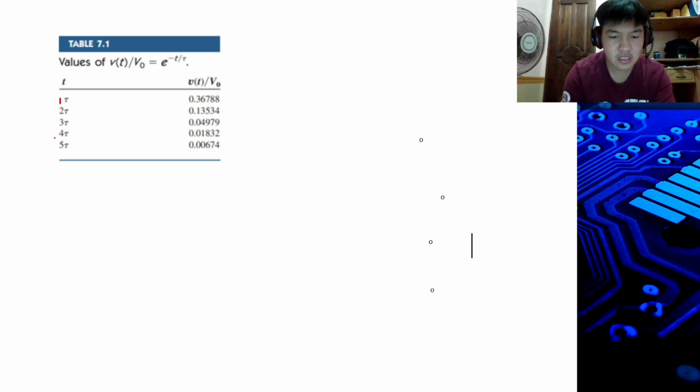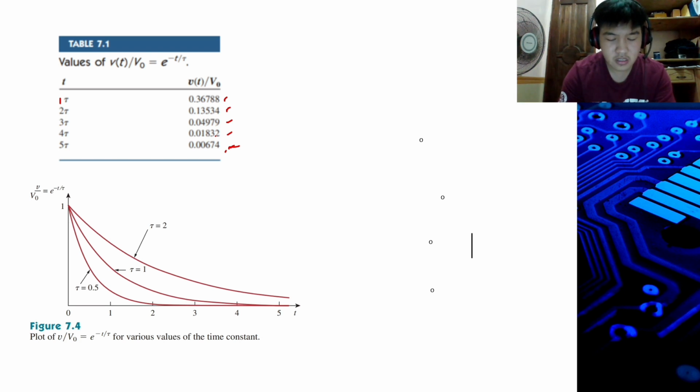And as you notice, as the time constant tau gets higher, the value of V of t over V naught gradually becomes smaller. At 5 tau it is very small, and we say that if we reach that stage, the circuit has reached steady state. Okay.